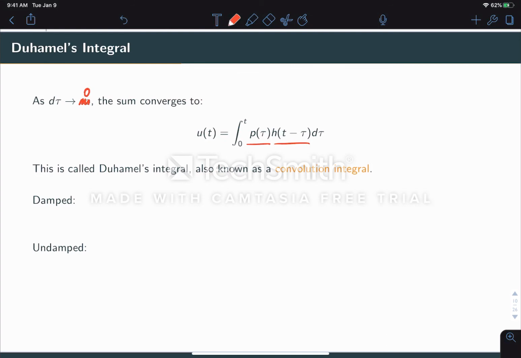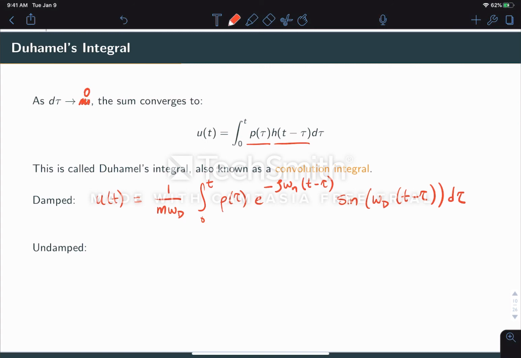If we are going to make this explicit, we would say that the general arbitrary loading response u of t to some load p of t is going to look like 1 over m omega d times the integral from 0 to t of p of tau times the impulse response.